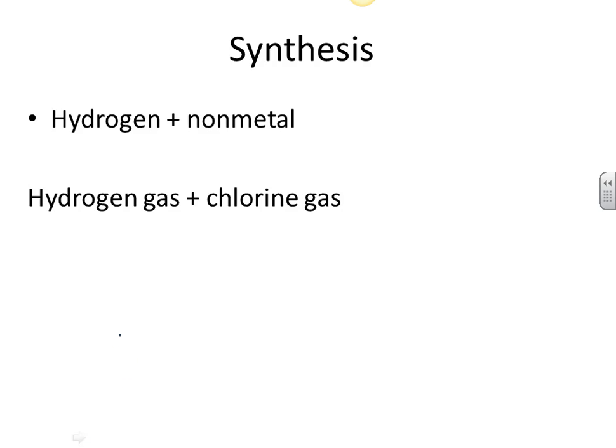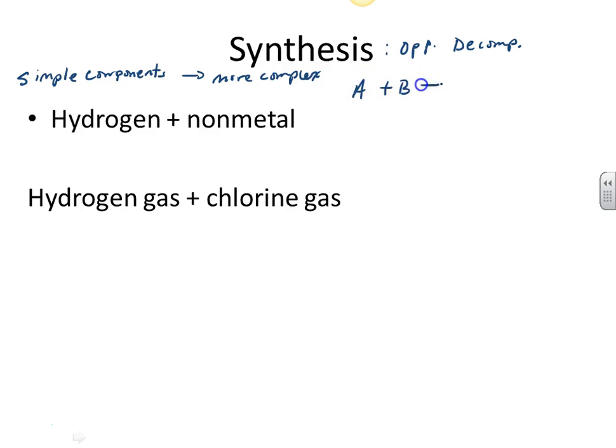All right, let's take a look at synthesis. Synthesis, for the most part, is opposite decomposition. So with synthesis, the simple synthesis reactions are going to be things where we have simple components yield more complex, such as A plus B yields AB.